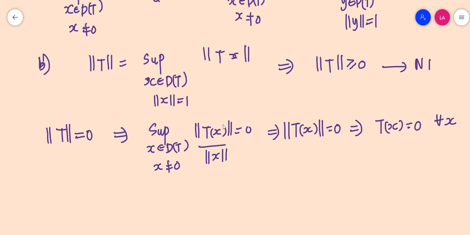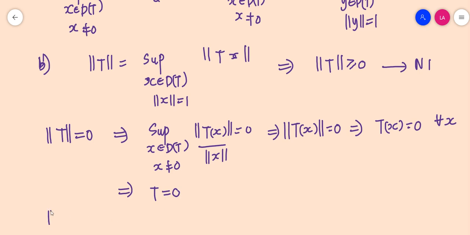This is equal to 0 means the numerator is equal to 0, which means that norm of T x is equal to 0, which implies that T x is equal to 0 for all x. So every element is mapped onto 0, which is by definition the zero transformation, which implies T is equal to 0. This is the only transformation which maps every element onto 0. So norm T equal to 0 implies T equal to 0.